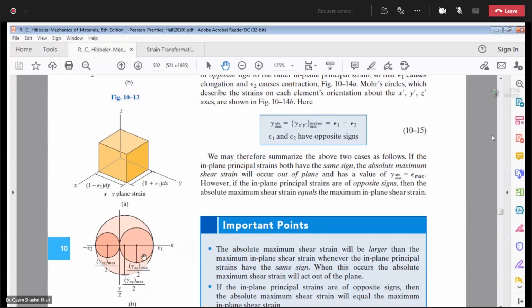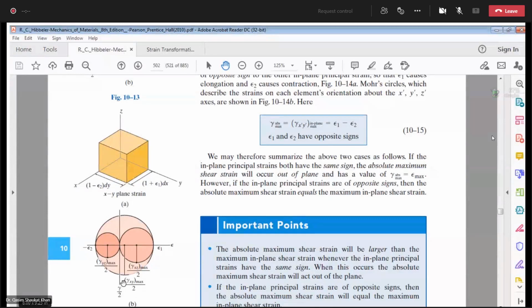Then for xy, which includes both epsilon 1 and epsilon 2, you will connect epsilon 1 with epsilon 2. This larger Mohr circle represents the Mohr circle for the xy plane, and the maximum in-plane shear strain for this xy will be this one, gamma xy over 2.